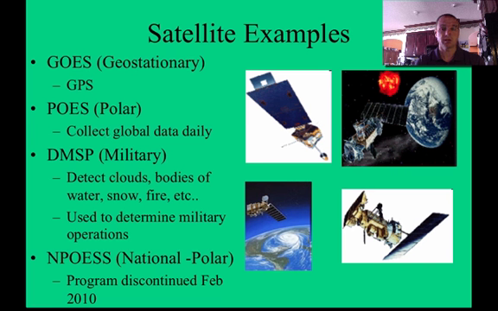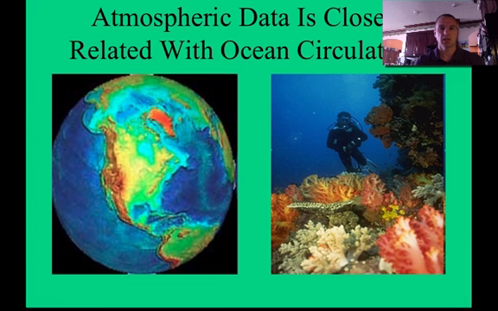Military also has some, which are used to detect clouds, bodies of water, snow, fire. They help determine military operations, where they're going to move their ships, where to fly the planes. And then you have the National Polar System, which was discontinued in February, and it was going to collect a lot of the same data.